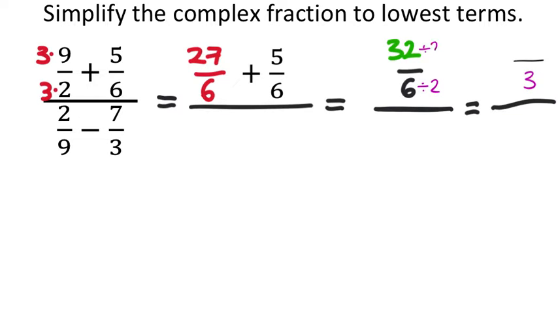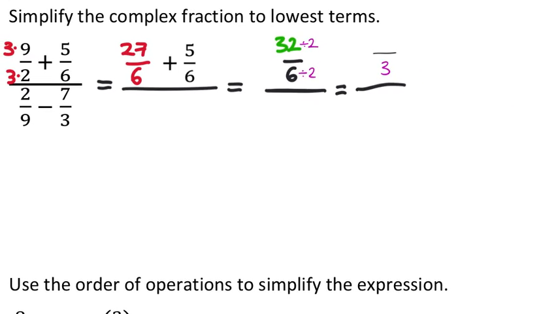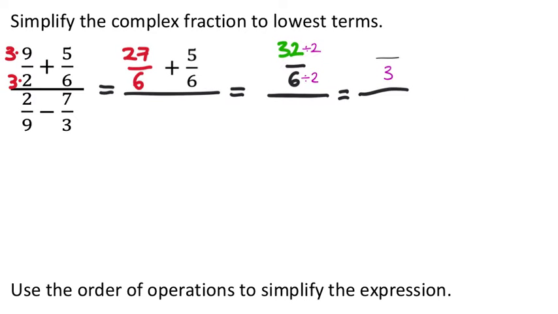But 32 divided by 2, guess we can show some work there. So 32 divided by 2. 2 goes into 3 once. 1 times 2 is 2. Subtract 1, drop the 2. 2 goes into 12 6 times. So that's 16. 16 thirds is our numerator.